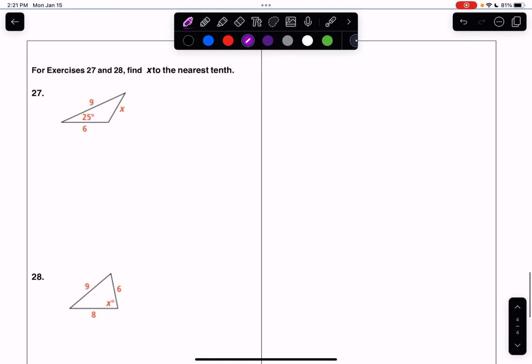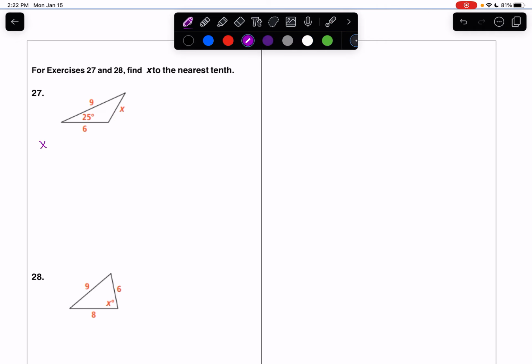Two more problems. Both of these we're just finding x. So in the first problem, we have two sides, and we have to find the third side. We know the angle in between the two sides. We don't know an angle opposite side pair, so we're using law of cosines. Law of cosines will start with the side opposite of the angle we know, so that's x.